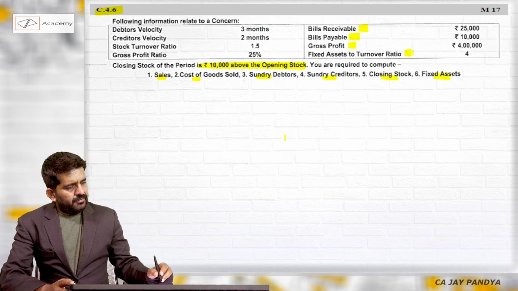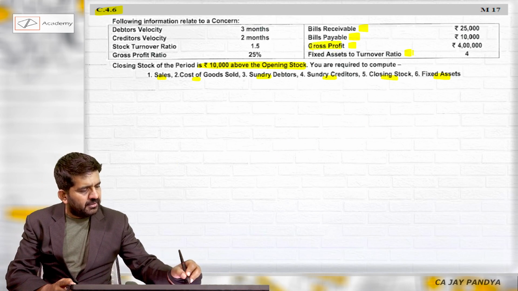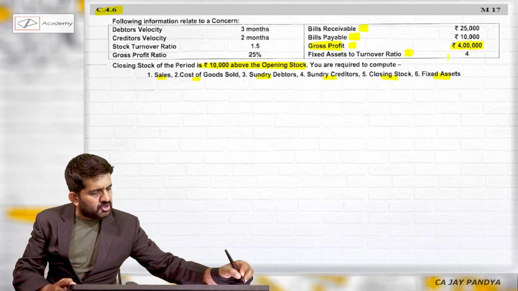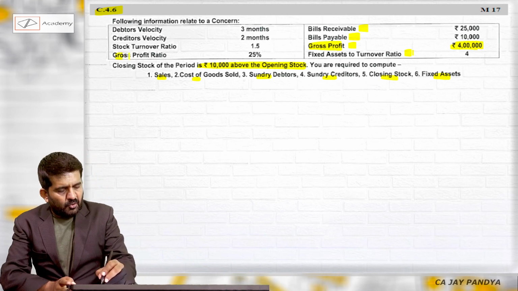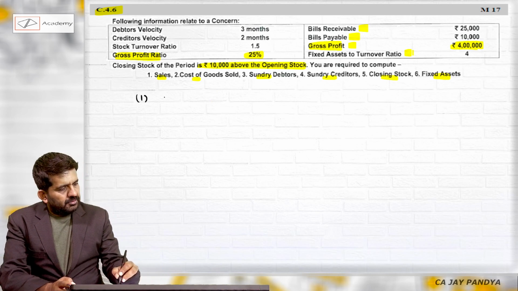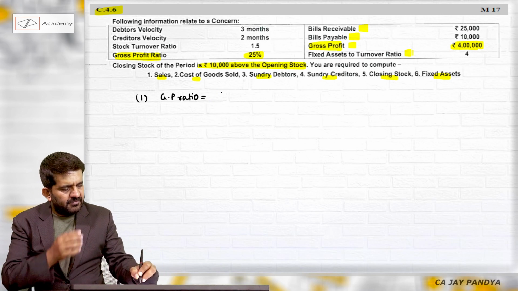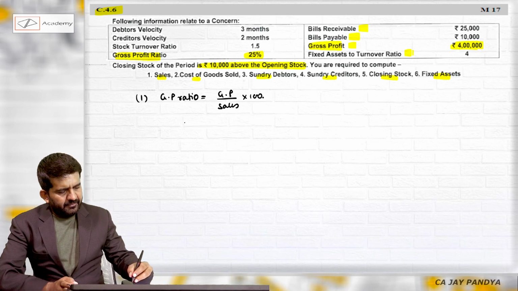Let us try out. As I've always told you, always start with the figures which are nominal. Gross profit is given, gross profit ratio is given. GP ratio is equal to GP divided by sales into 100.